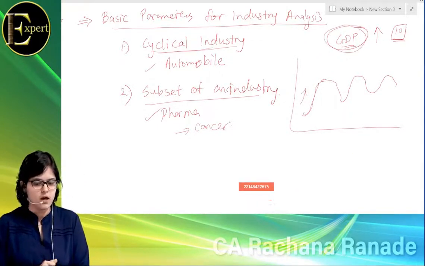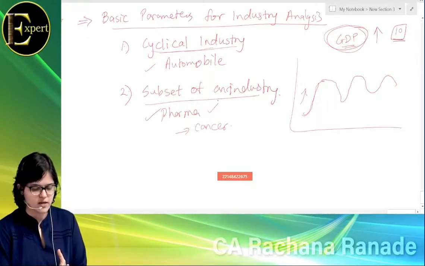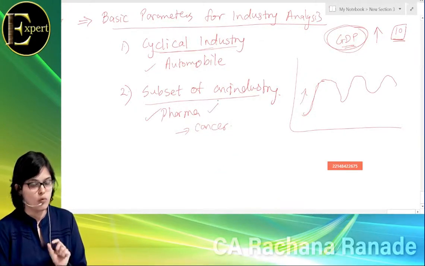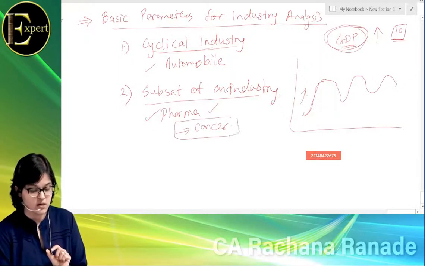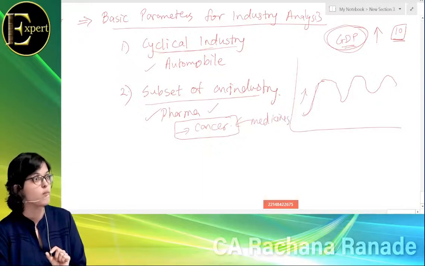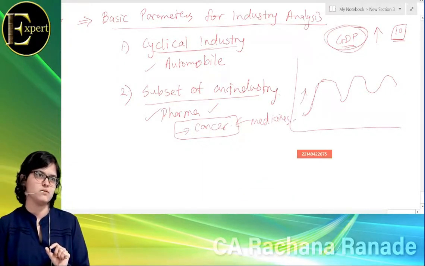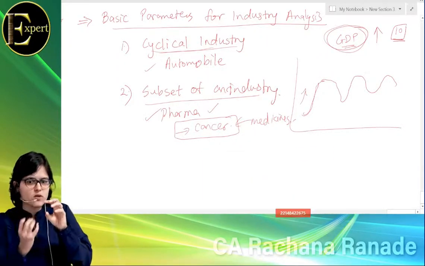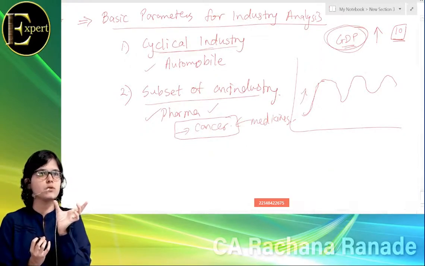Can I say the overall growth of the pharma sector versus the growth of this subsector which is making medicines for cancer, will they outperform? Yes. So try to find out a subset from that industry also.